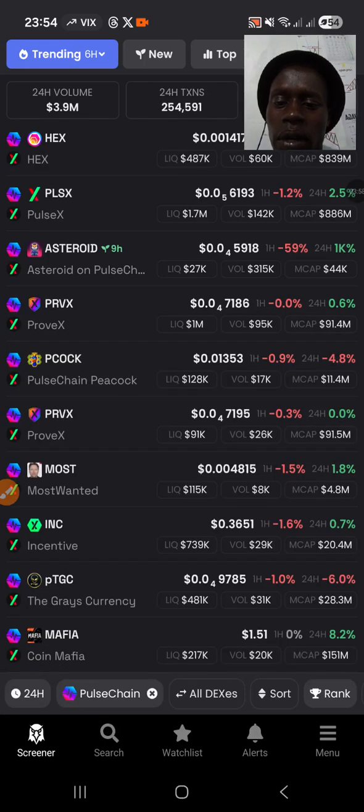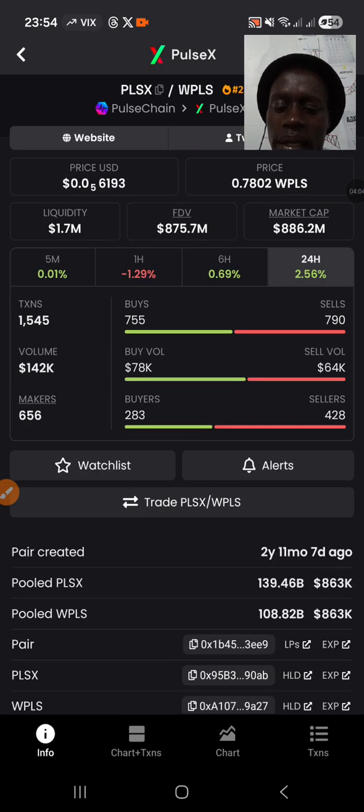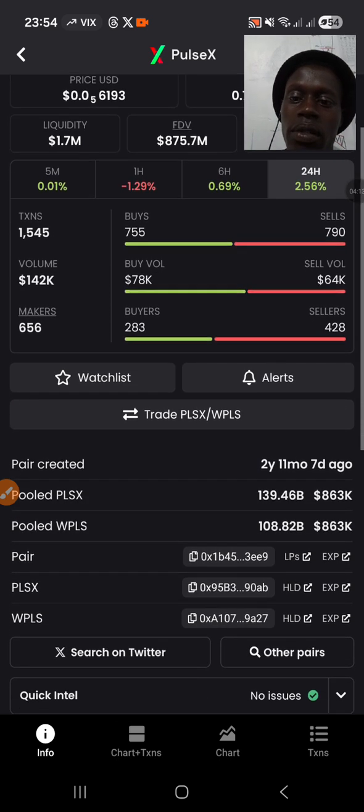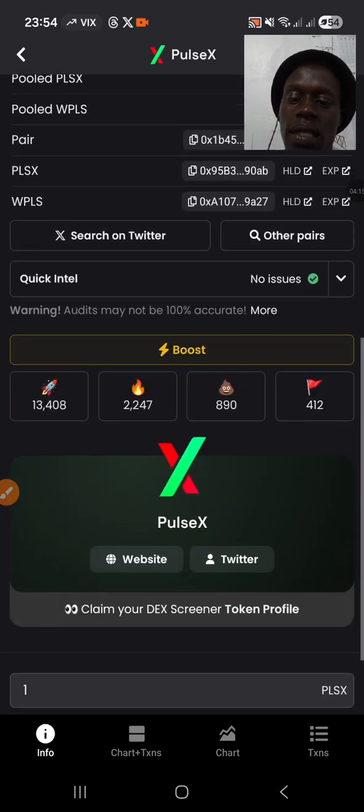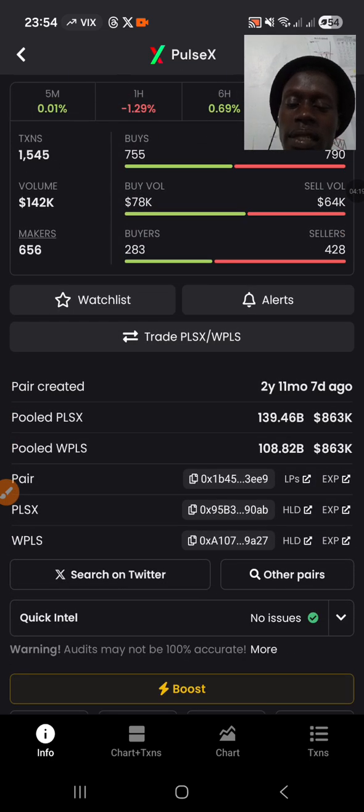We were looking at PulseX. You are able to see the price here, and also the transactions, the volume, the makers, and the stats about the liquidity under it.